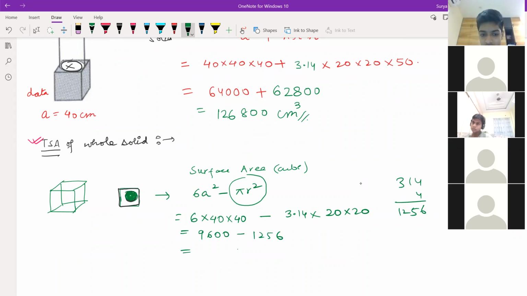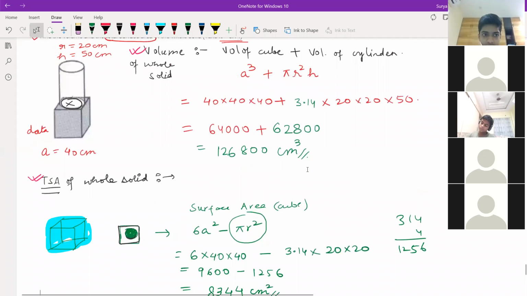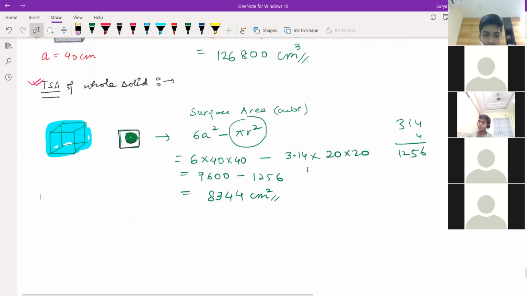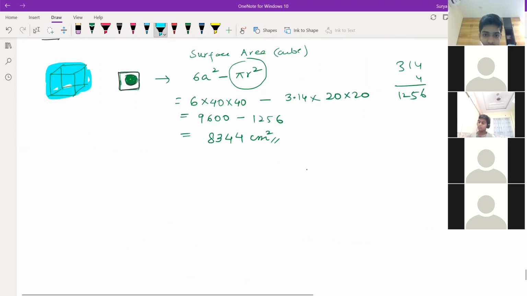If you subtract, how much do you get? 9 6 0 0 minus 1 2 5 6 gives 8344 centimeter square. You will get this only for the cube part, not the whole solid, you understand? Only for the cube part you got. Now next, we have to find the surface area of the cube, no, sorry, the cylinder, right?